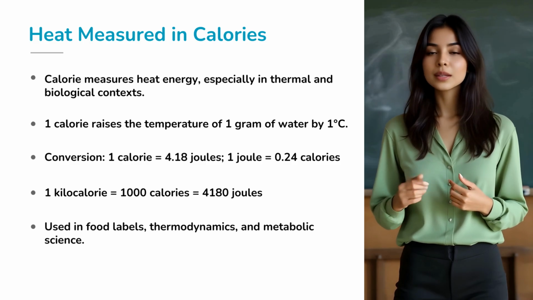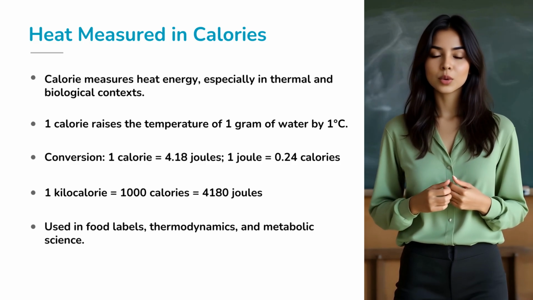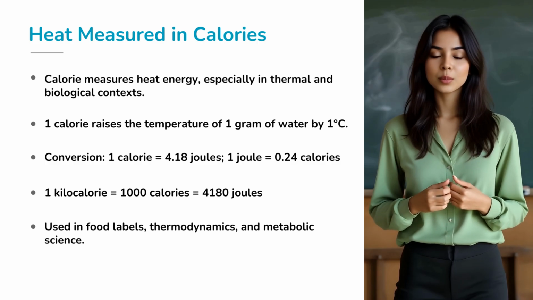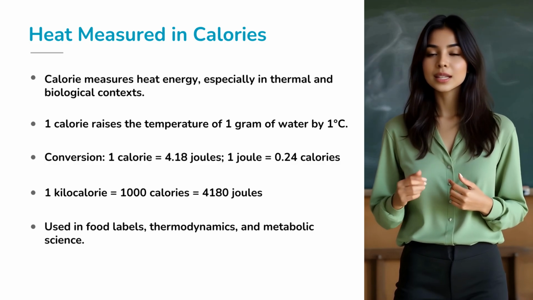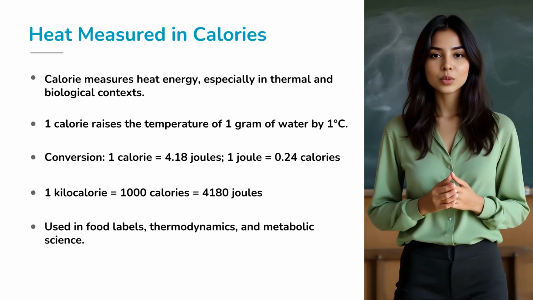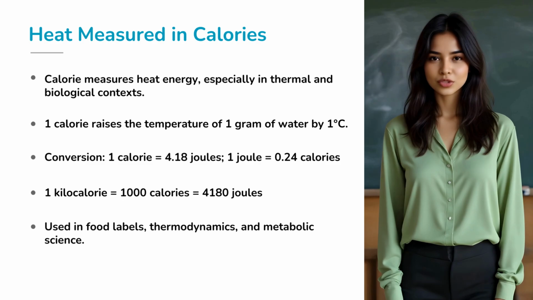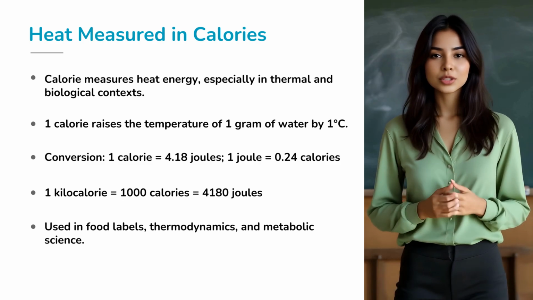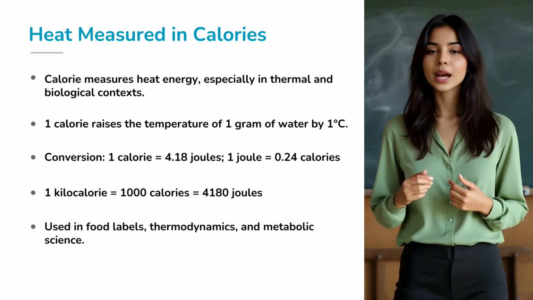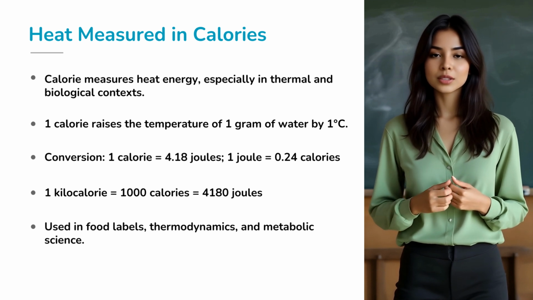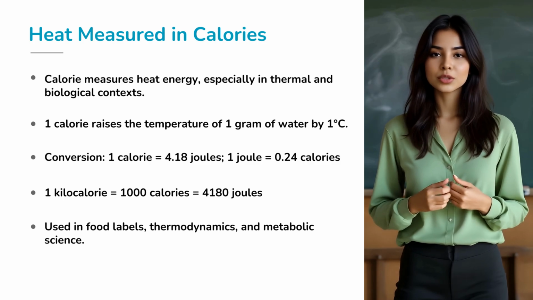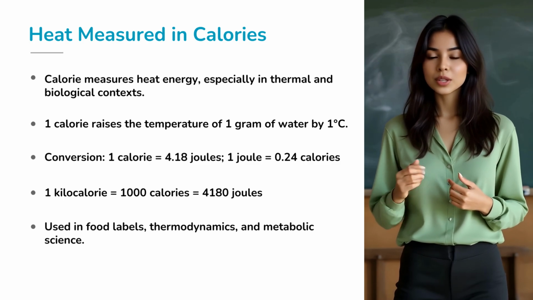Let's do the conversion. 1 calorie equals 4.18 joules, or 1 joule equals 0.24 calories. And a kilocalorie, often written as kcal on food labels, equals 1,000 calories, which equals 4,180 joules. So when you eat something worth 200 kilocalories, you're actually consuming 200 into 4,180 joules of energy, which your body can use for motion, heat, or storing fat.